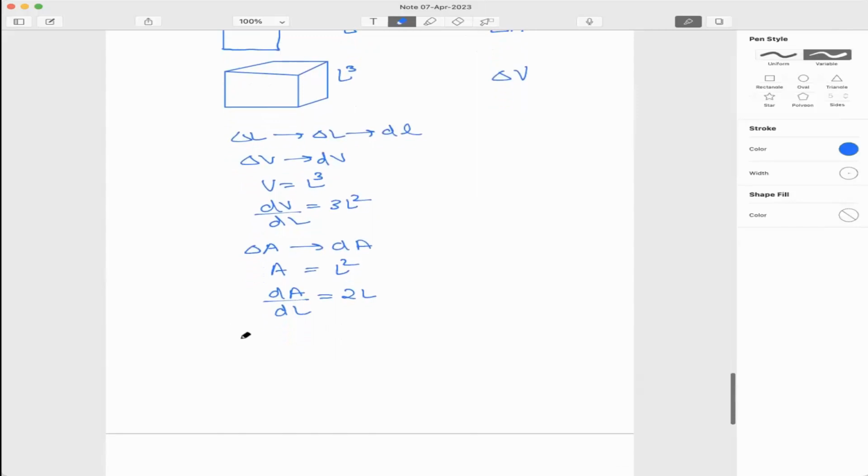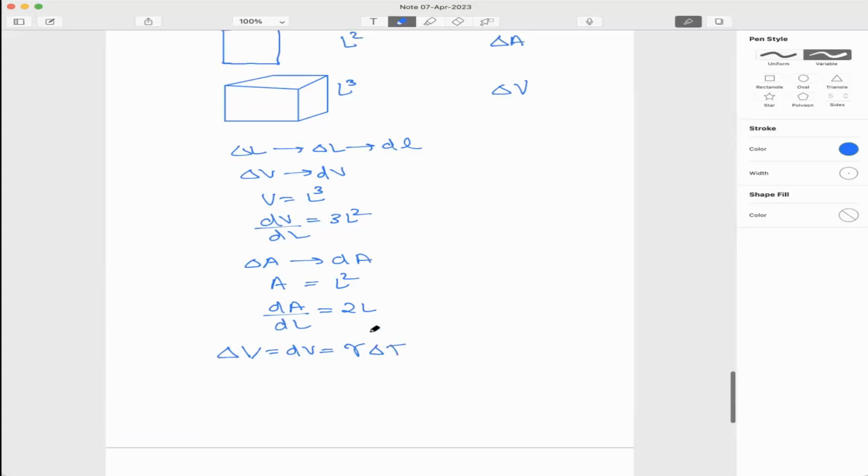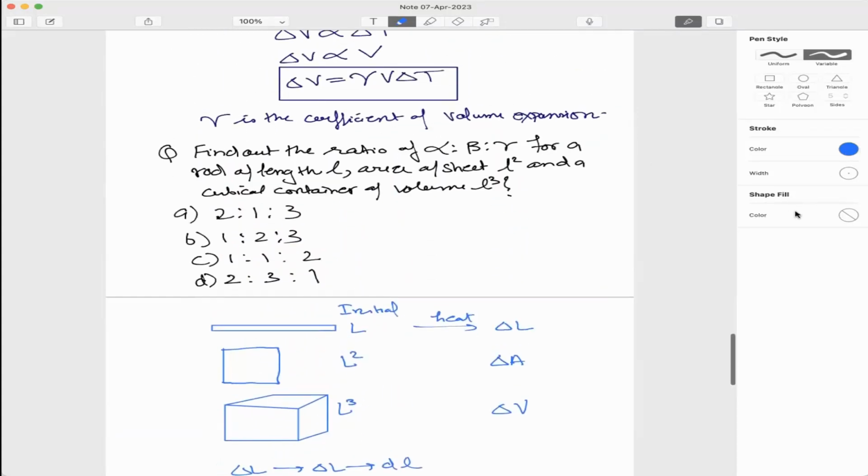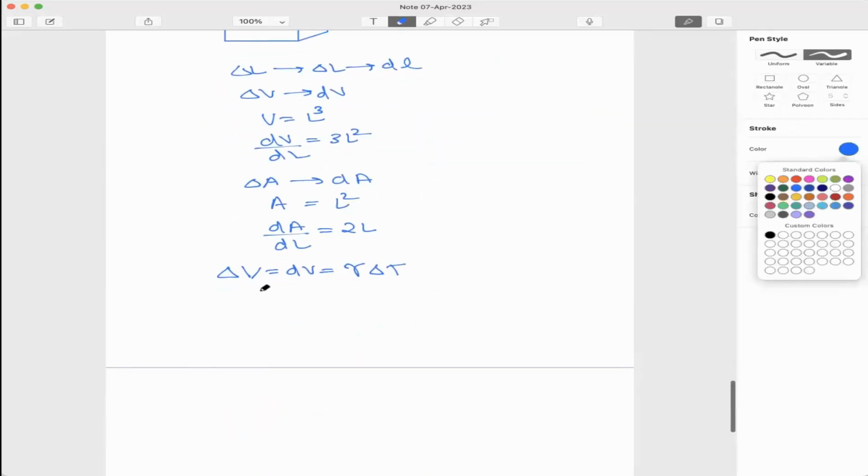So we know that delta V or dV is nothing but gamma V delta T. All are heated such that the change in temperature for all is delta T. So I can write this in the equation.